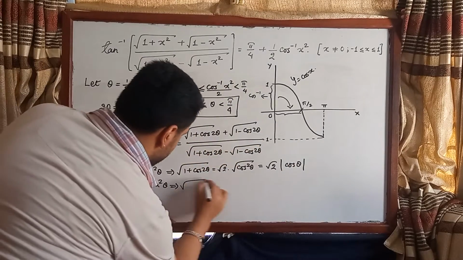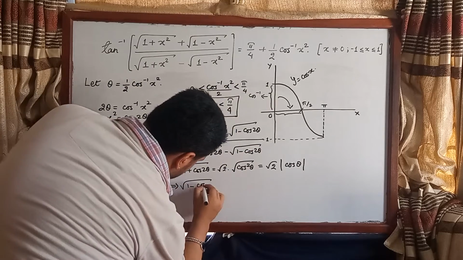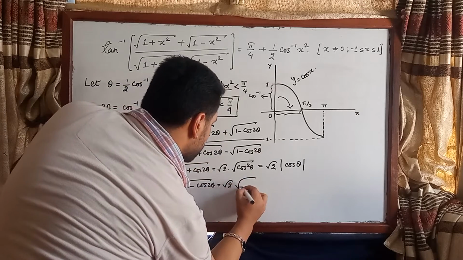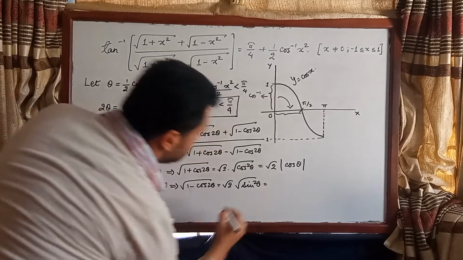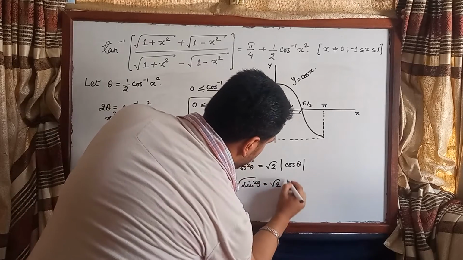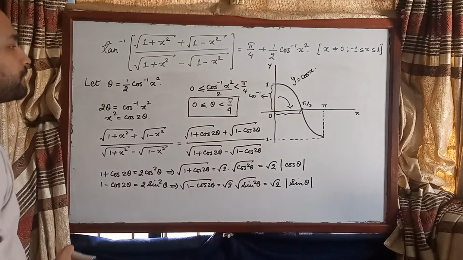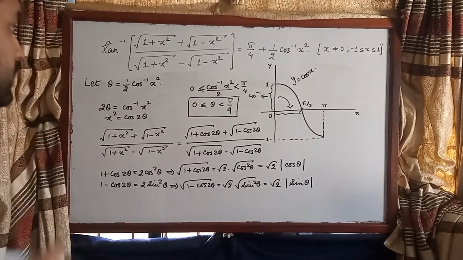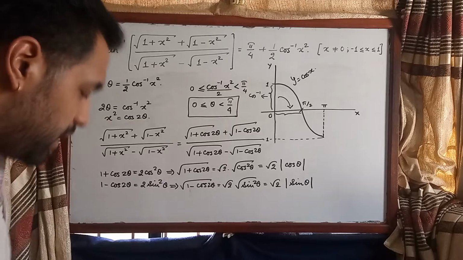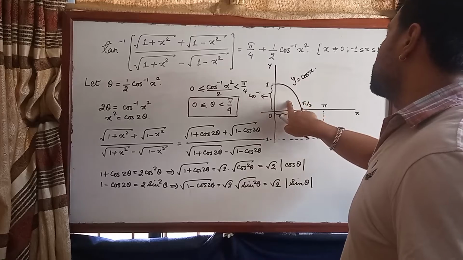Similarly, the square root of 1 minus cos twice theta is equal to square root of 2 times the square root of sine squared theta, which is equal to square root of 2 times the absolute value of sine theta. Okay, now let's look at this. Theta is between 0 and pi by 4.